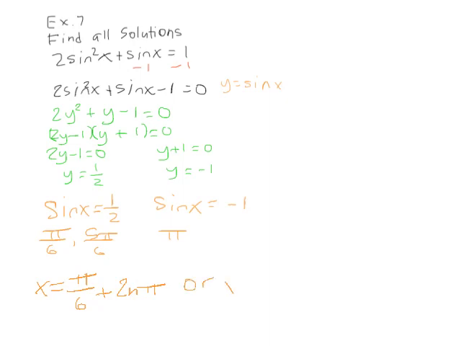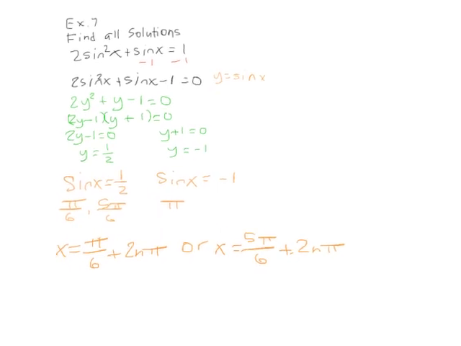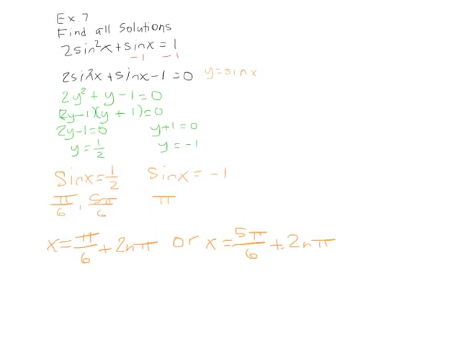Or x equals 5 pi over 6 plus 2n pi for the same reason. Remember, on the unit circle, if you go around 2 pi units, you're right back to where you started. Or the last one would be x equals pi plus 2n pi. All of these together give you all of the possible answers.